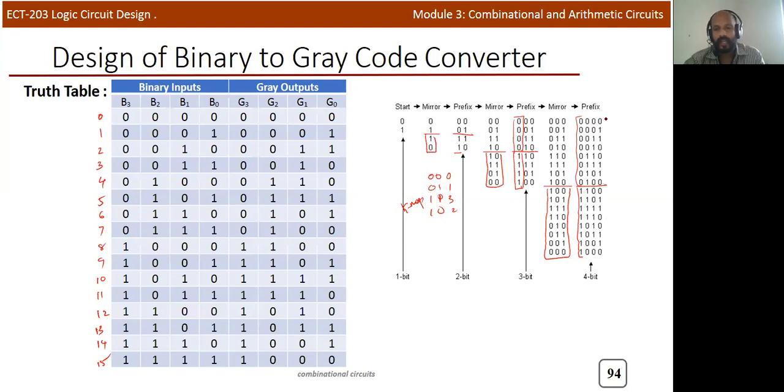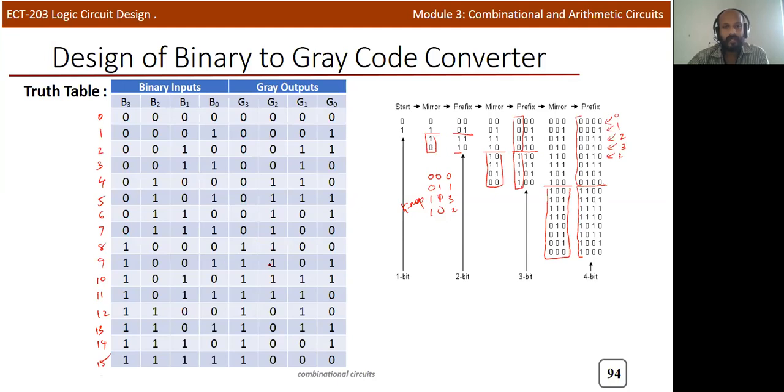So this is the gray code equivalent of binary 0. This is the gray code equivalent of 1. This is the gray code equivalent of 2. This is the gray code equivalent of 3. This is the gray code equivalent of 4, etc. Okay. So you can write this particular gray sequence in this particular table.